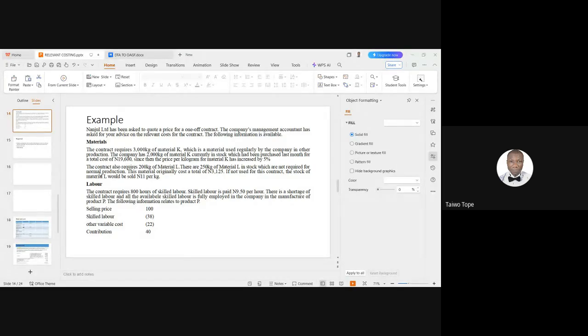The contract requires 200 kg of material L. Mr. Don, are you there? I'm here, but it's not convenient for me to talk. Okay, all right. There are 250 kg of material L in stock, which are not required for normal production. This material originally cost a total of 3,125.